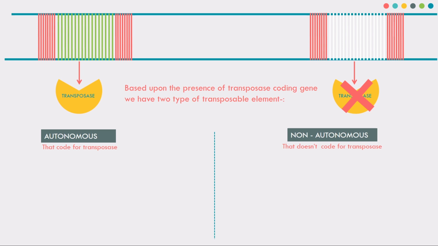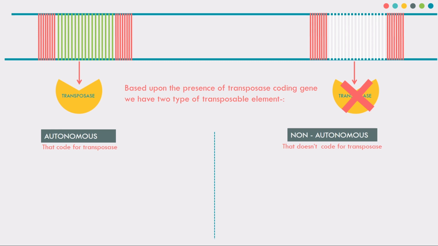Based upon the presence of a transposase coding gene, we have two types of transposable element. The first one on the left is autonomous and the one on the right is non-autonomous. The autonomous one codes for transposase and the non-autonomous one does not.